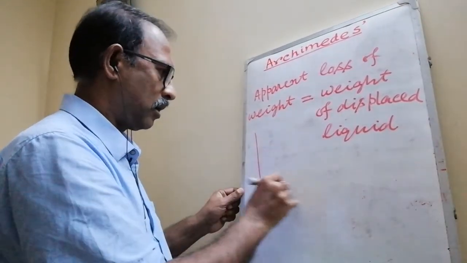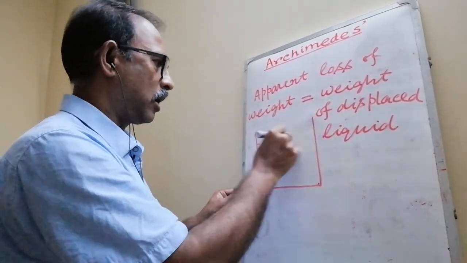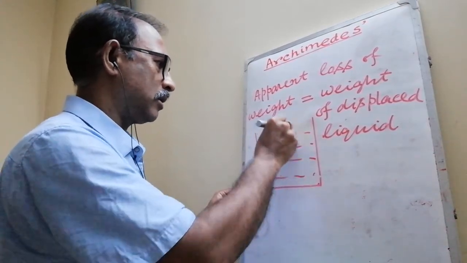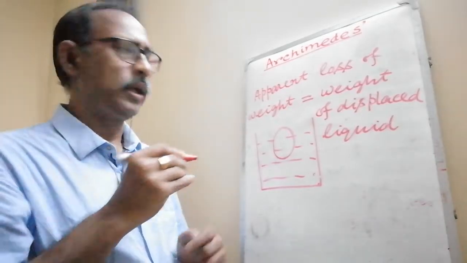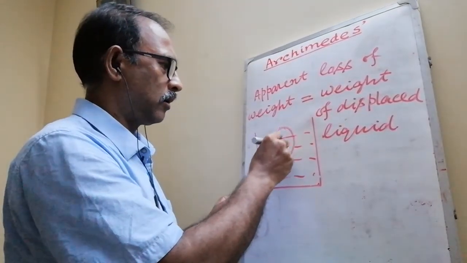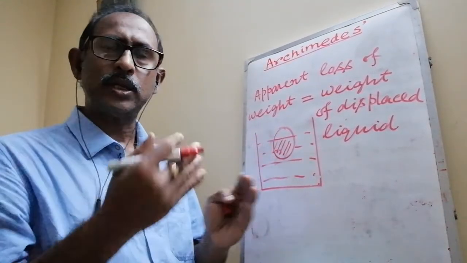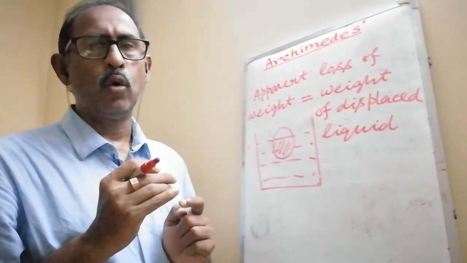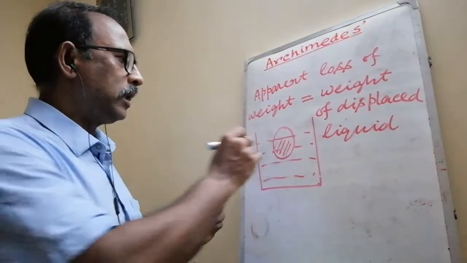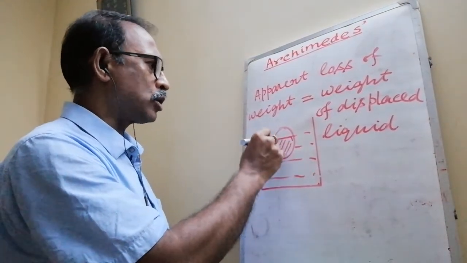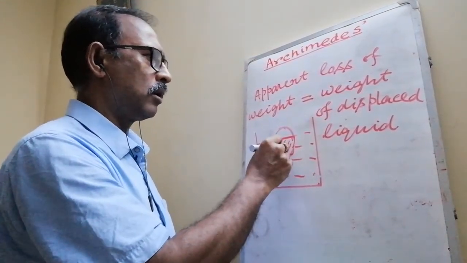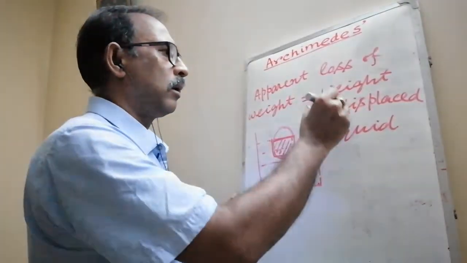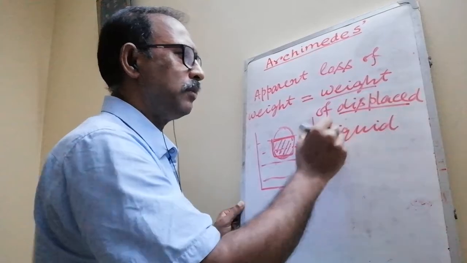Say this is a container. I take some liquid. The object is immersed partly. Then it loses some weight of its own. This loss of weight will be the weight of the displaced liquid.